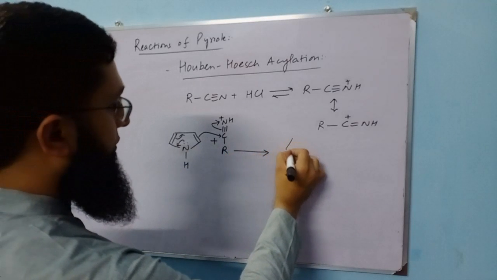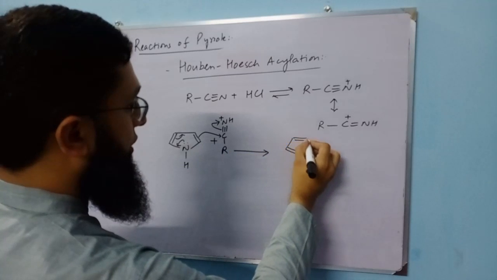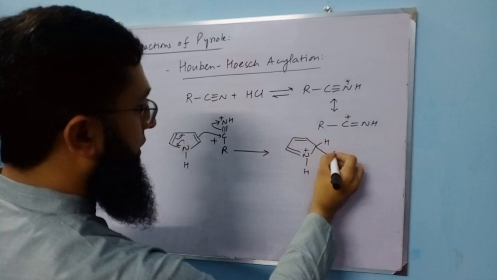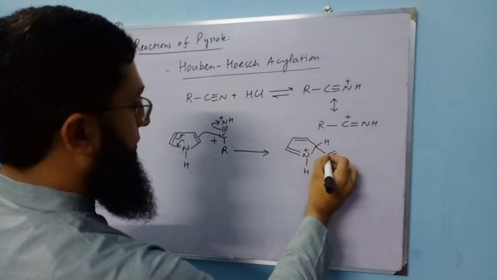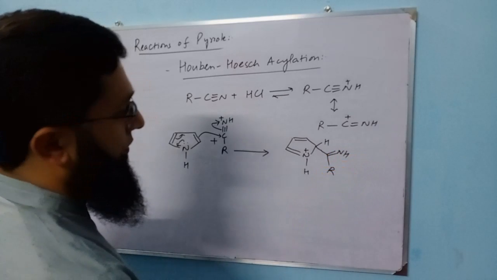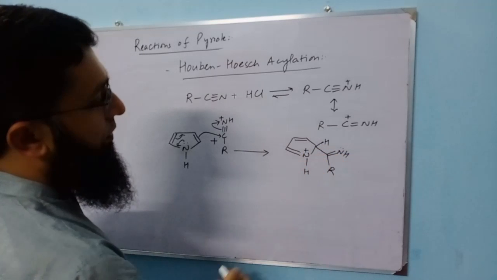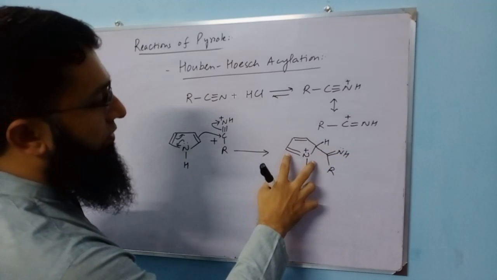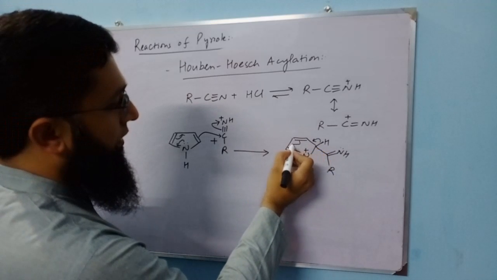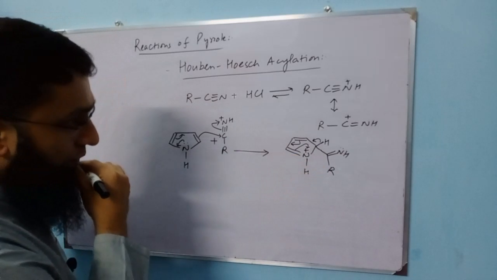And as a result of this, positive charge on nitrogen, here will be hydrogen, and this is imine and this is R. Now this proton will be removed because aromaticity of this system has to be restored. So it will shift here, and it will shift here to restore the lone pair.